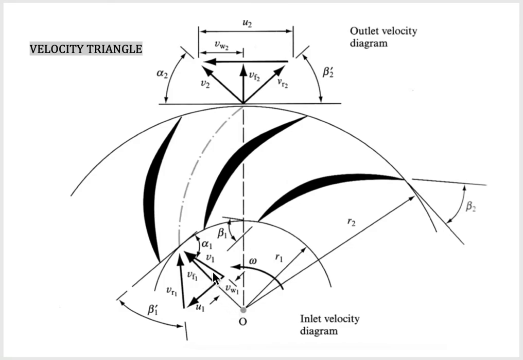Then because we imagine that V1 is the resultant velocity, we should have another velocity here. We call this velocity the whirl velocity at inlet, so we mark it as VW1 here. And the direction is from this point to this point, and then continues from this point to this point.